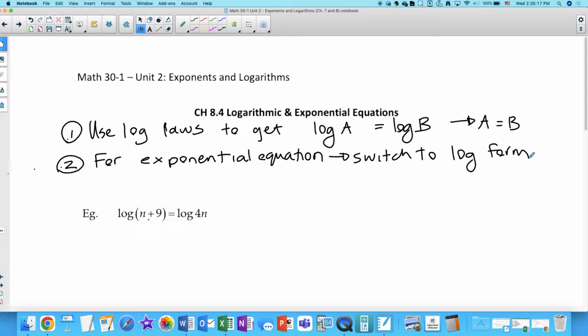And then the other strategy that we might use is, if we have something equals something else, we can take the logarithm of both sides, and we should have that the logarithm of that something equals the logarithm of something else. Okay? So we might use that strategy as well. Sometimes we have options.